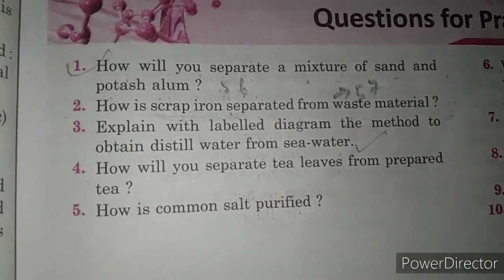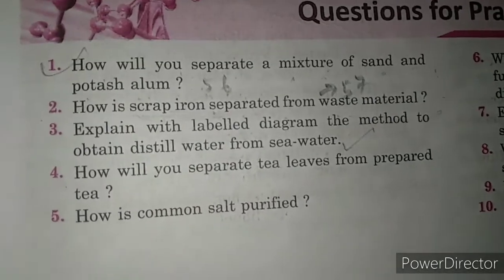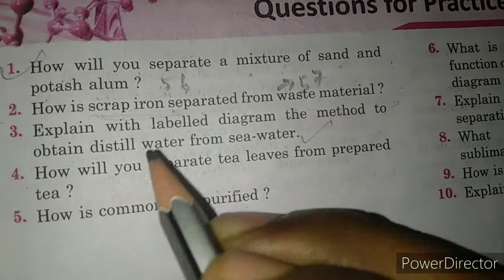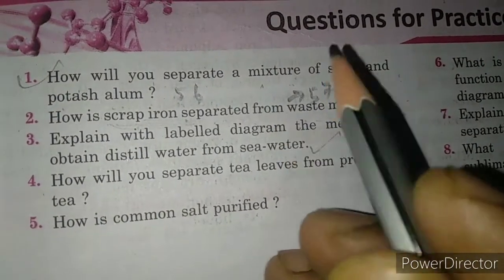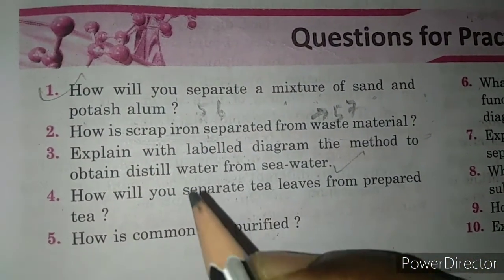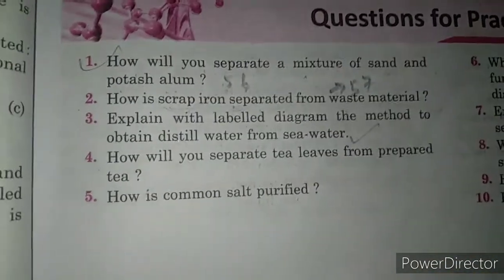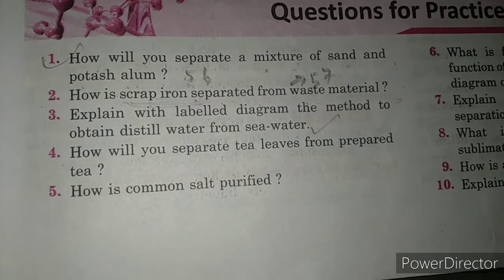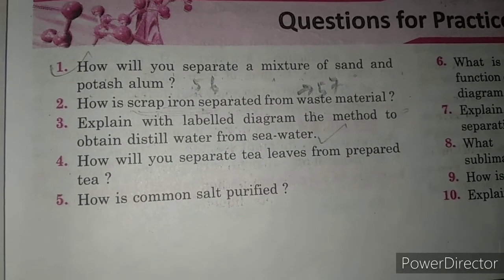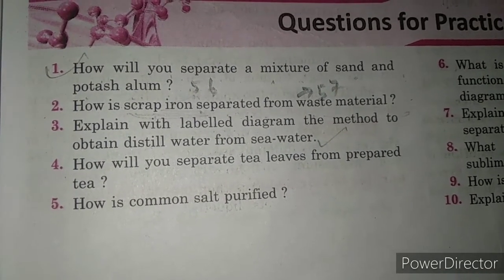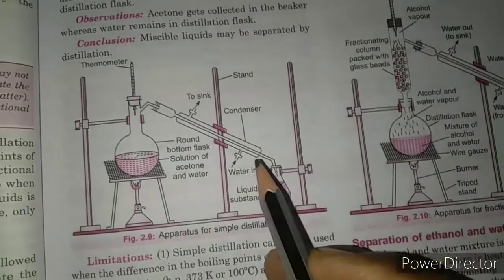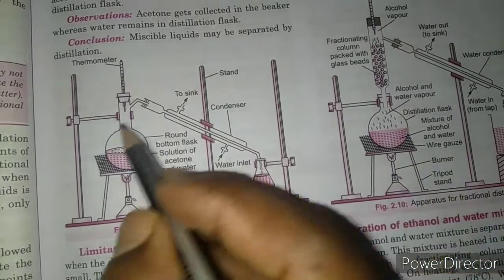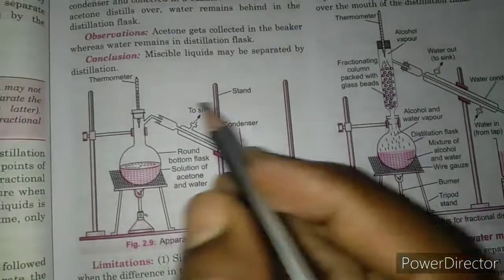So here, in the place of the liquid which is kept in the bottle used in the distillation, the seawater will be there. So let us see that. Here at page number 53, the apparatus of distillation has been given.